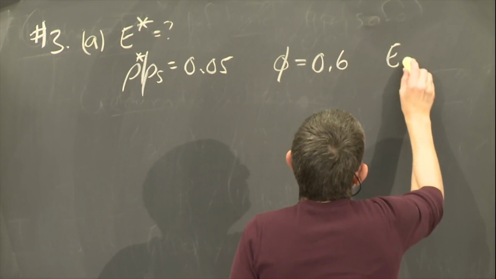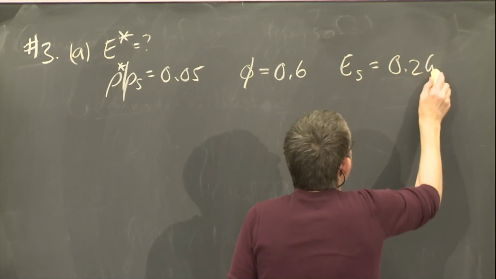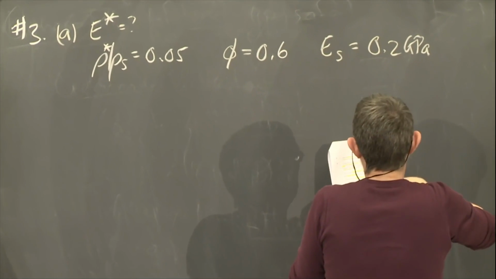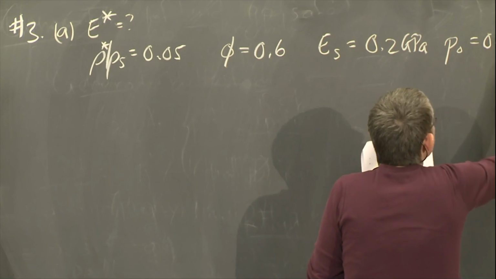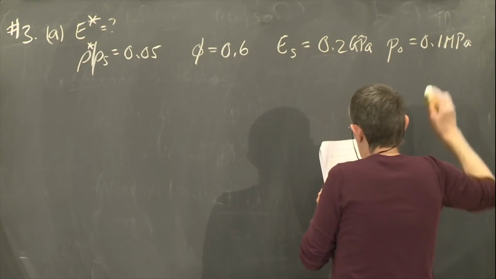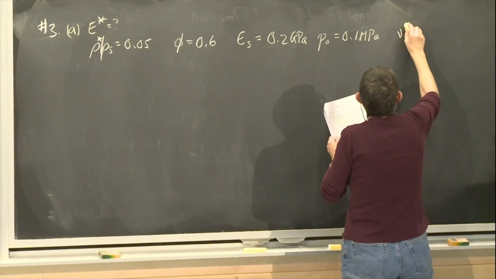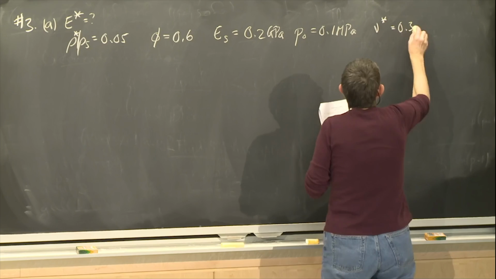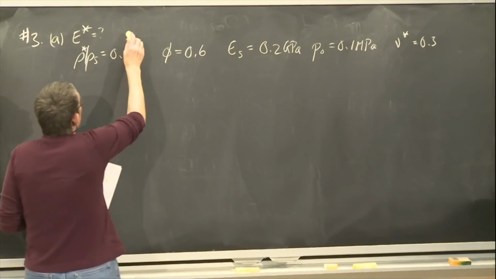The Young's modulus of the solid is 0.2 gigapascals, the initial pressure within the cells is 0.1 megapascal, and Poisson's ratio for the foam is 0.3. And it's a closed cell.